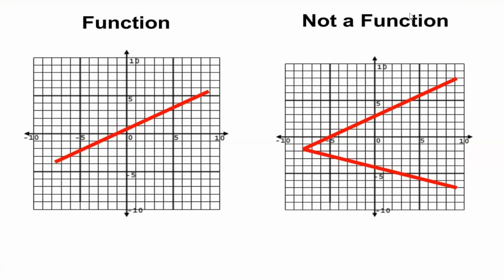Let's prove if it is a function or not. Oh, just 1 point. How about this one? There are 2 points. We intersect them. So therefore, this is not a function. This is a function.